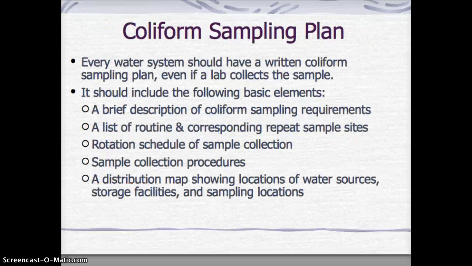So, for the coliform sampling plan, every water system should have a written coliform sampling plan, even if a lab collects the sample. And that's exactly what we're looking at for Santa Rosa's. That's their coliform sampling plan. It should include the following basic elements: a brief description of coliform sampling requirements, a list of routine and corresponding repeat sample sites, a rotation schedule of sample collection procedures, and a distribution map showing locations of water sources, storage facilities, and sampling locations.